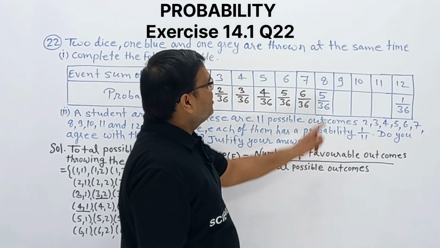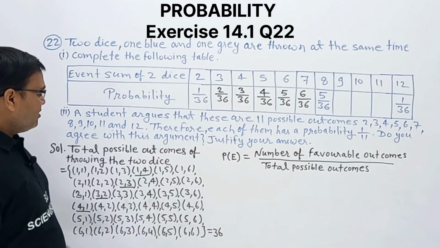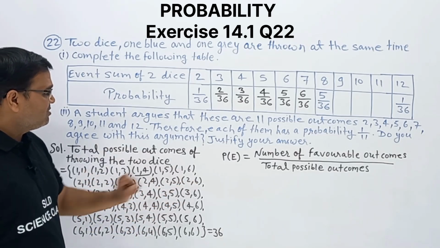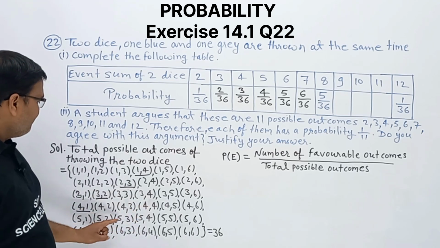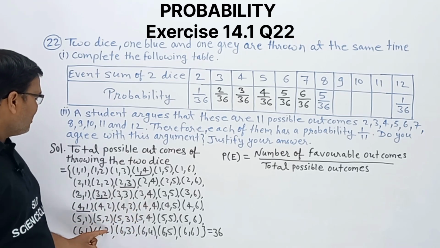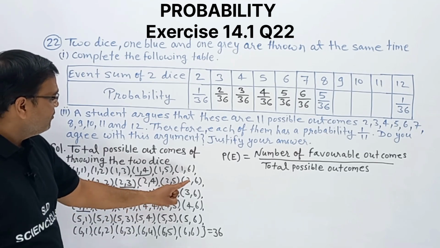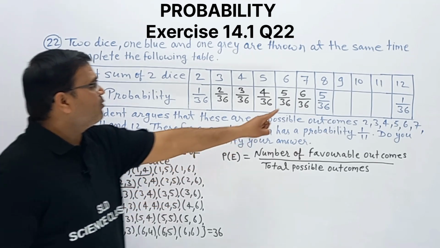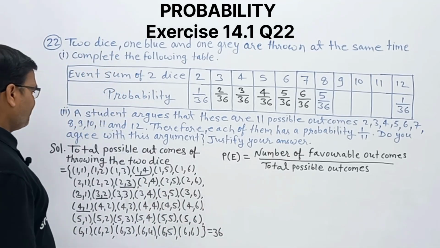Now next one, sum 8. When we get sum 8: 2 comma 6, 3 comma 5, 4 comma 4, 5 comma 3, 6 comma 2. That is 5 outcomes, so 5 upon 36.